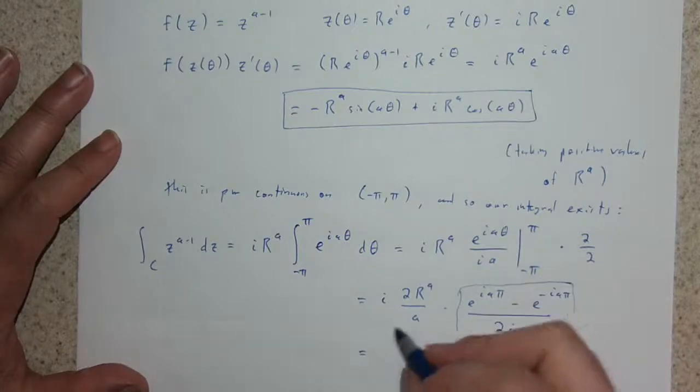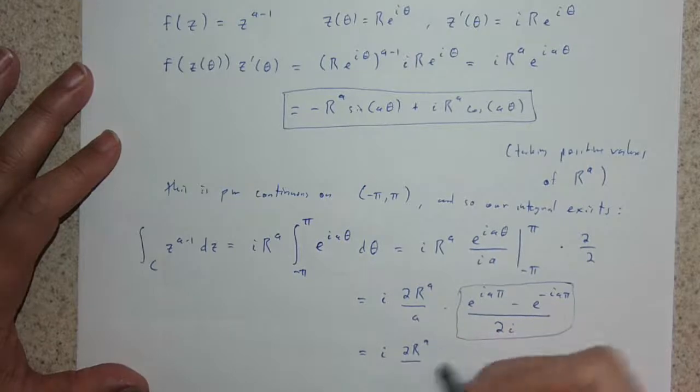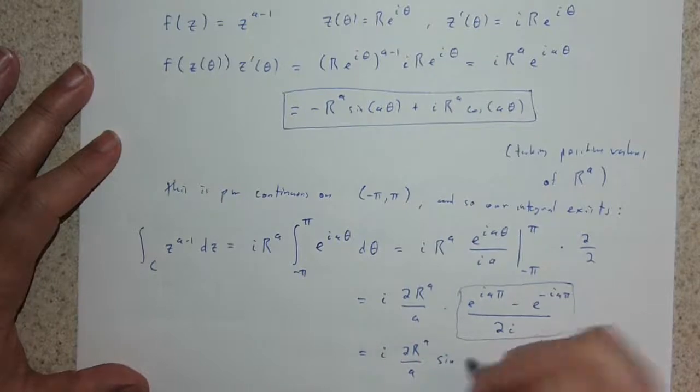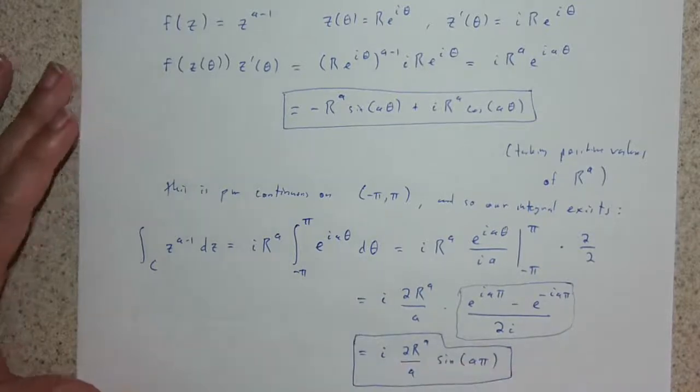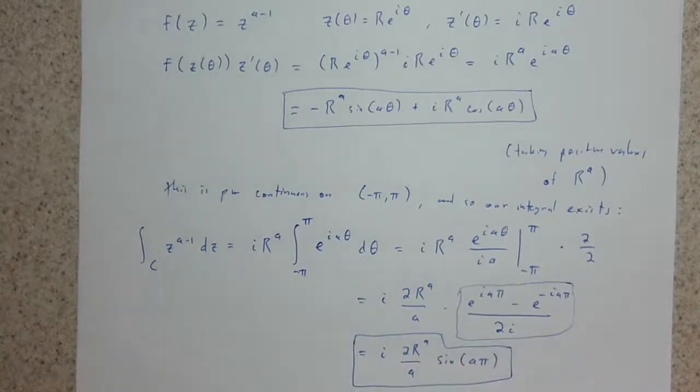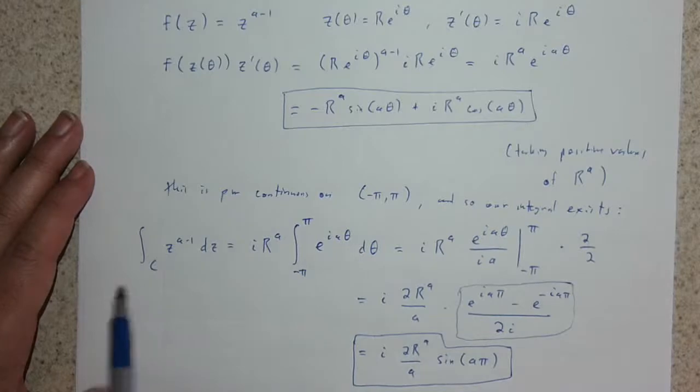So this is i 2 r to the a over a times sine of a times pi. So this is the value of this contour integral.